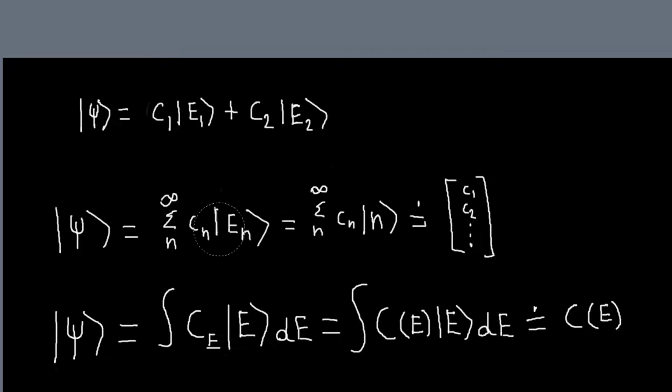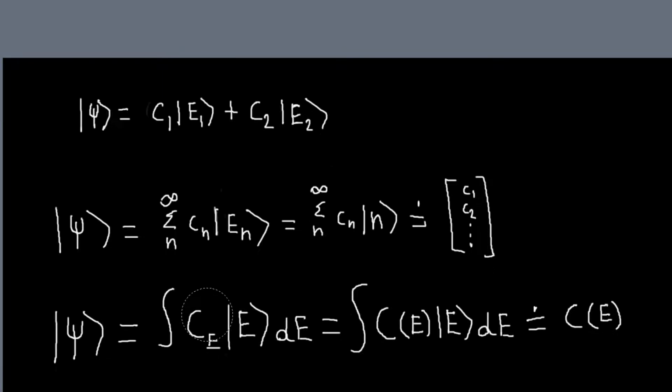Conceptually, it's really the same thing. I'm just summing over my states. I'm writing my state vector as a linear combination of these basis vectors. It's just that I need to integrate because E is a continuous variable. And again, I have my coefficient here that I've labeled by CE.